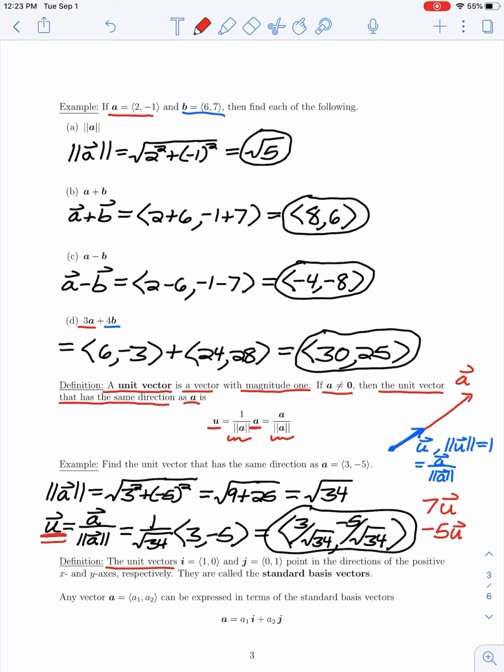We would say the unit vectors, which are vectors of length 1, denoted by i, which would be the vector 1, 0, and j, which is the vector 0, 1. These are vectors whose representations point in the directions of the positive x and y axes respectively. And so these are what are called the standard basis vectors.